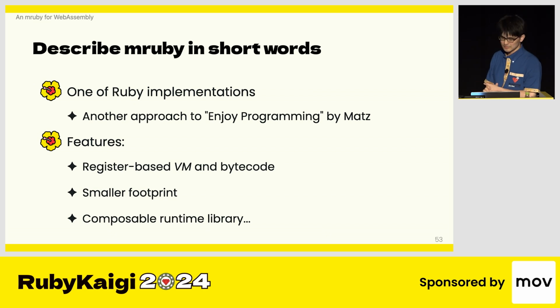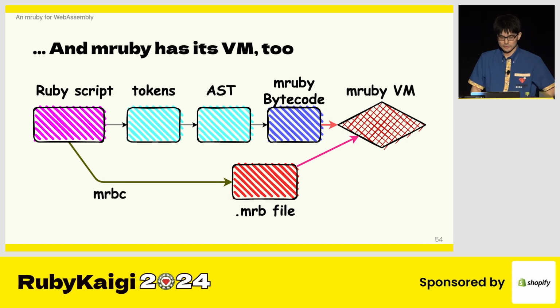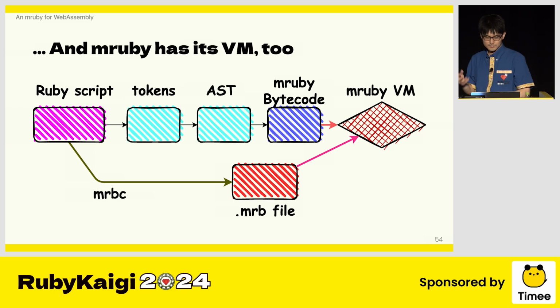It has some features, for example, a register-based VM, smaller footprint, and composable runtime libraries. mruby also has its own VM and execution path. One big difference is that mruby can evaluate a bytecode file directly, and the bytecode file is called an mrb file.